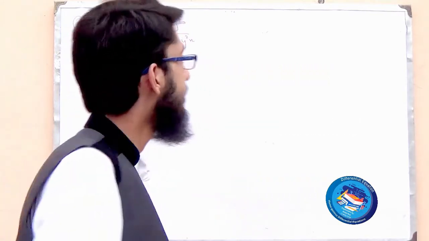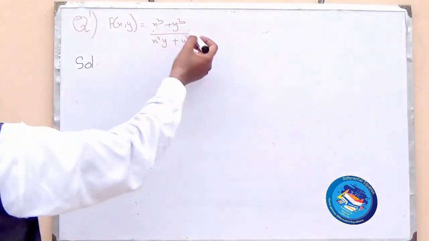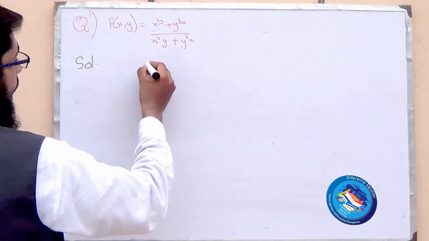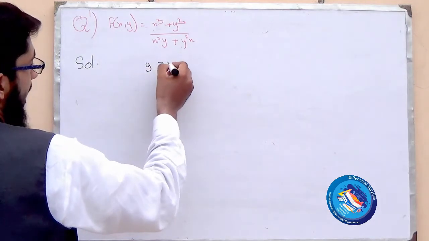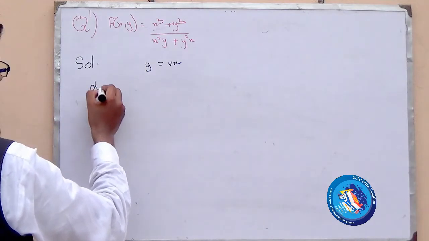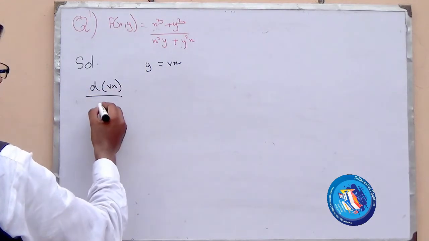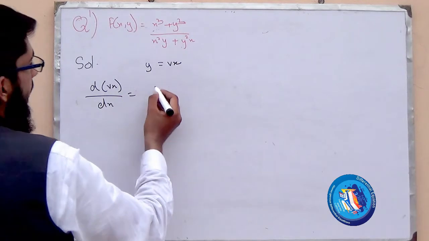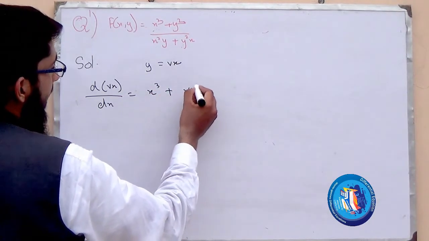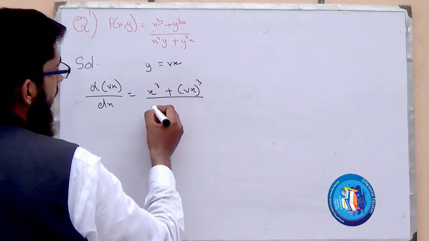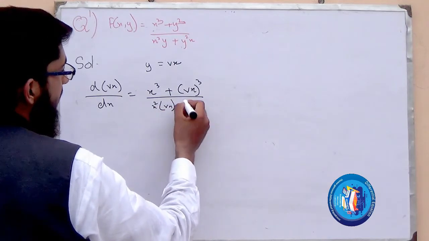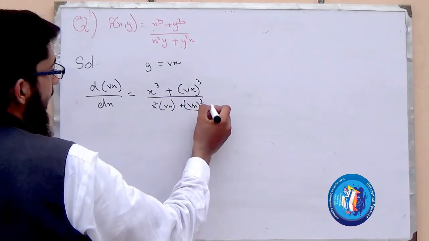So let's go. I am taking an exemplary question from the textbook. Before solving it, put y is equal to vx to check the homogeneity of the equation. Then put dy over dx as (x cube plus v cube x cube) over (x square vx plus v square x square).